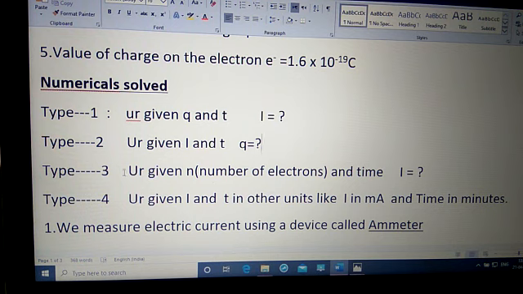In the next type, you are given the number of electrons and time, and you are asked to find the current.